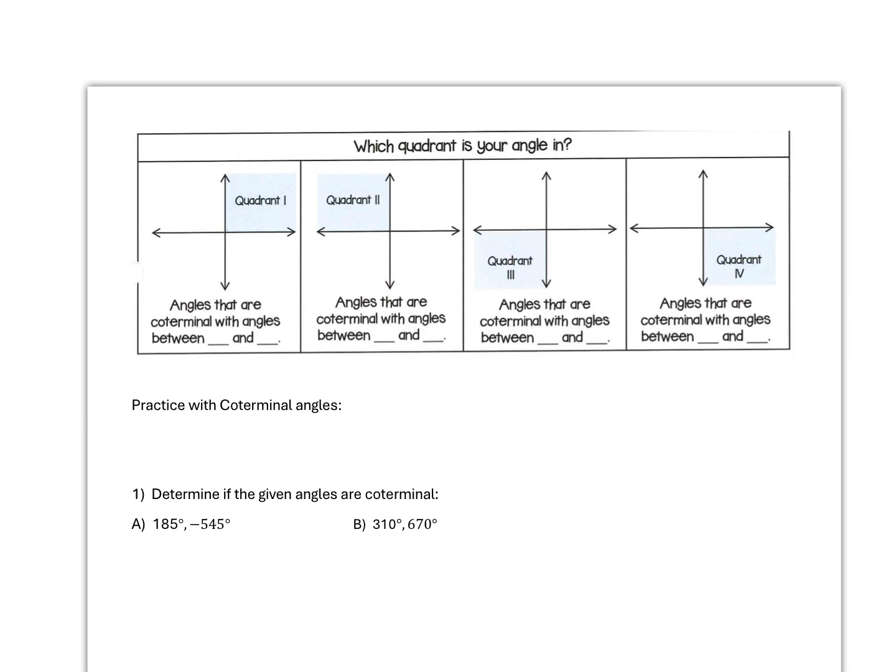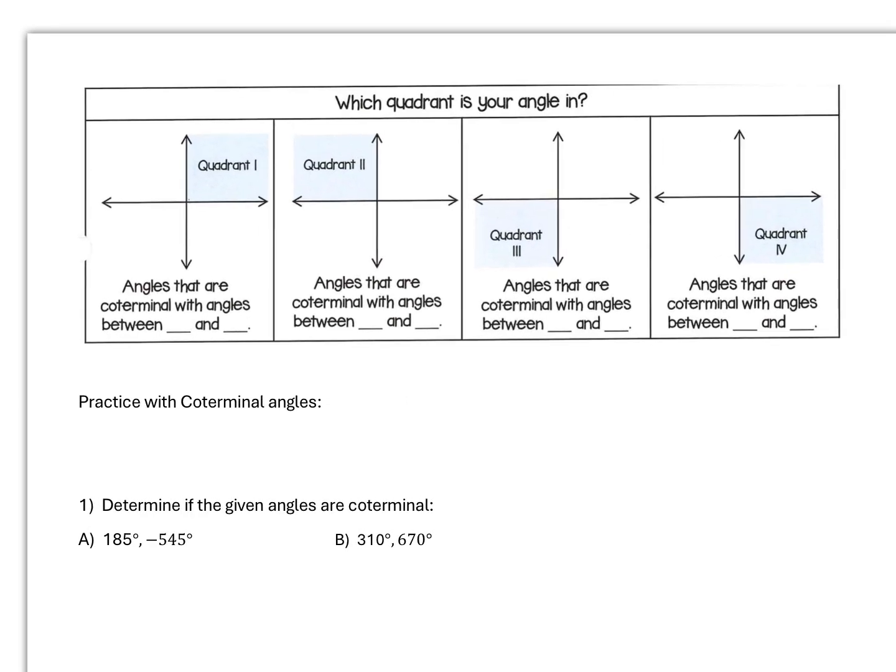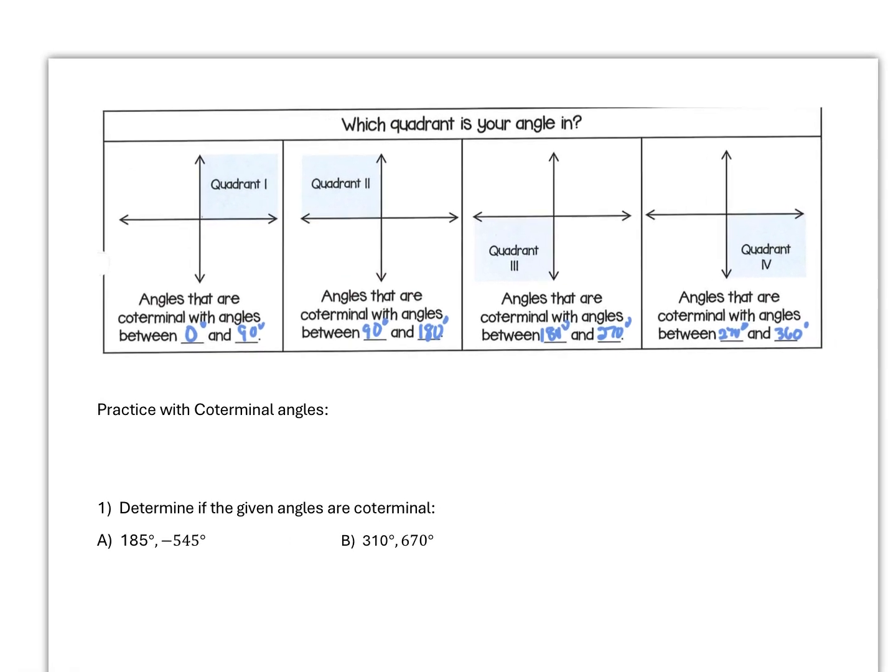We know, we can go ahead and write this in. We know angles that are in quadrant 1 are between 0 and 90 degrees, right? This is just kind of a review of that. You guys know this. So we know quadrant 2 is between 90 and 180 degrees, between 180 degrees and 270 degrees for quadrant 3, and 270 to 360 for quadrant 4.